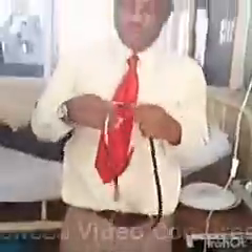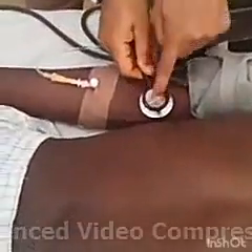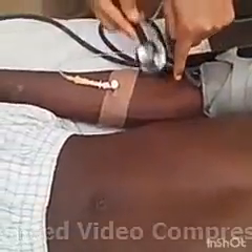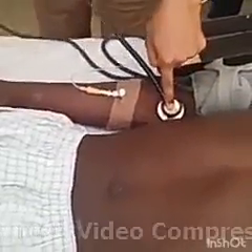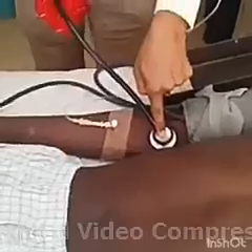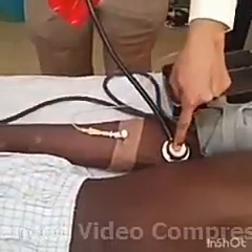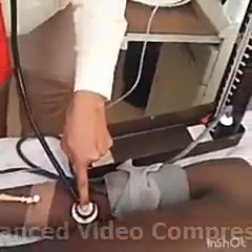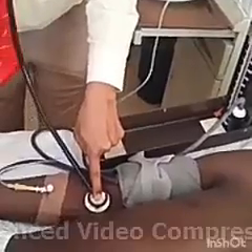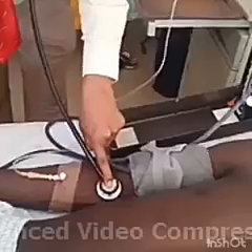Then you use the stethoscope. You place the diaphragm on the medial aspect of the cubital fossa, where the brachial artery is located. Then you inflate again above what you have got from the manual palpation of the radial pulse.